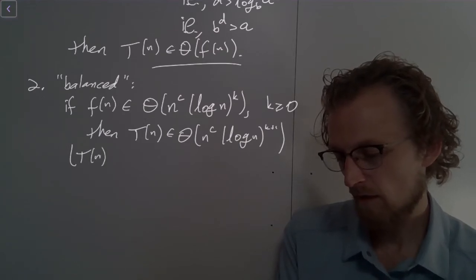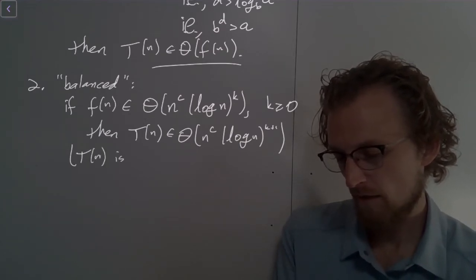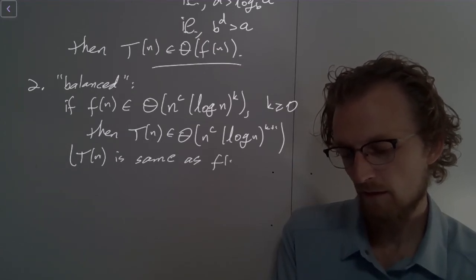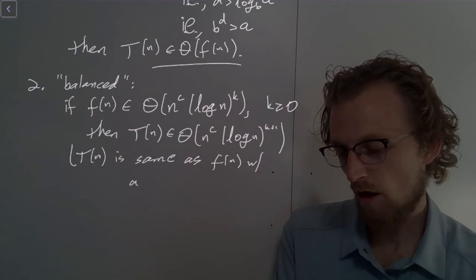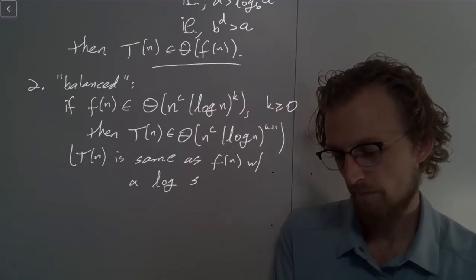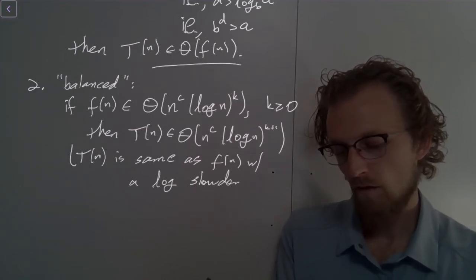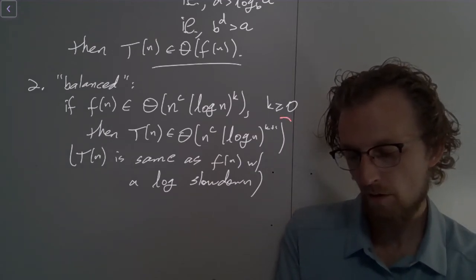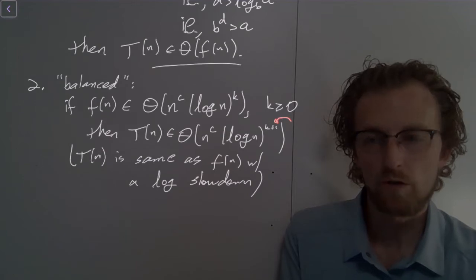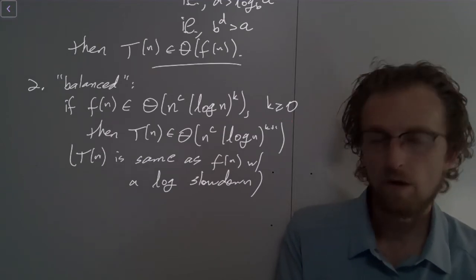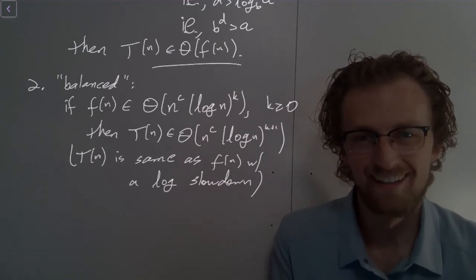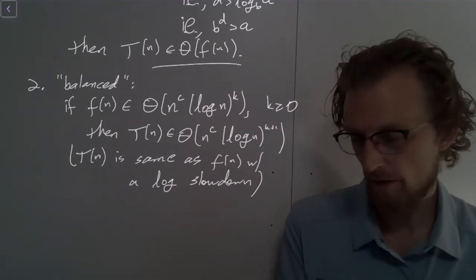T of n is the same as f of n with a log slowdown. Where do I get this idea of a log slowdown? I get it from the plus 1. The k plus 1 right there tells me it's the same complexity as f of n times 1 log, which is a minuscule slowdown.